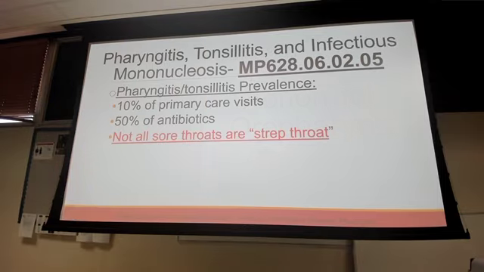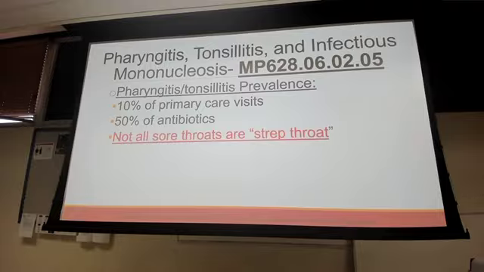So for pharyngitis, tonsillitis, and infectious mononucleosis, these are going to be, again, like the bread and butter, about 10% of our encounters. So it's good that we are able to differentiate these diagnoses because a lot of them are clinical. We can perform our physical exam, we can get the history and the HPI from the patient and make a clinical diagnosis, sometimes using testing and imaging if needed.